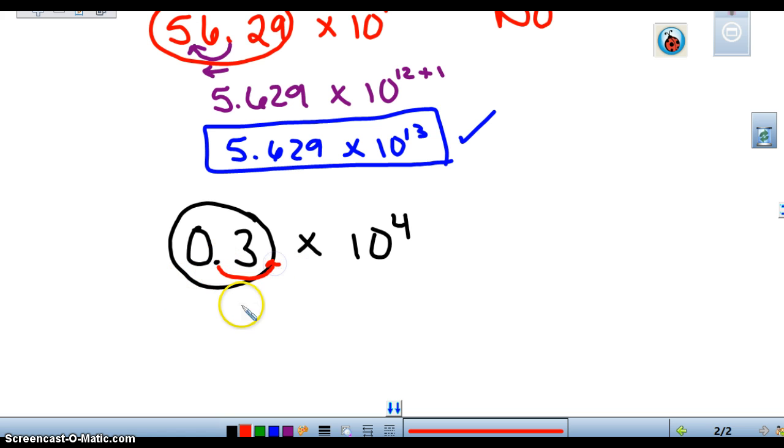Right, so that this makes this 3 times 10 to the 3rd power. So we had to subtract 1. When you move the decimal to the right, you have to subtract 1. That means 3 times 10 to the 3rd power.